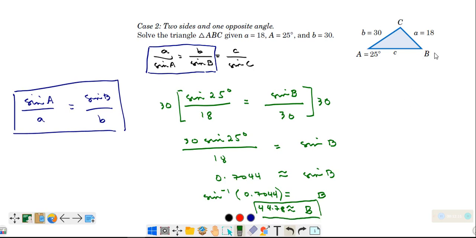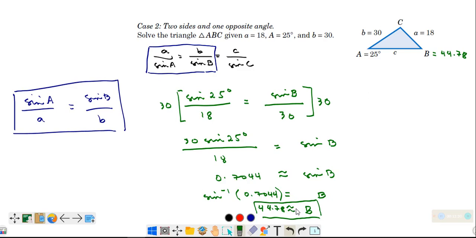So, meron na tayong isang angle, which could be, bakit could be yung ginamit ko na term? Kasi, pwede siyang maging 44.78, that is a valid value.